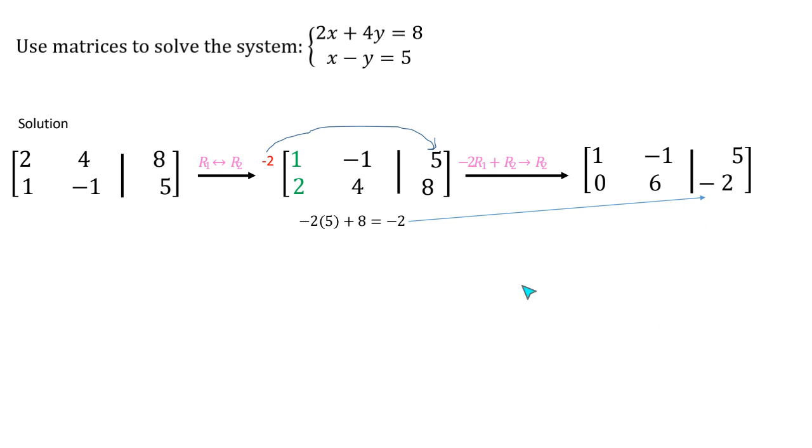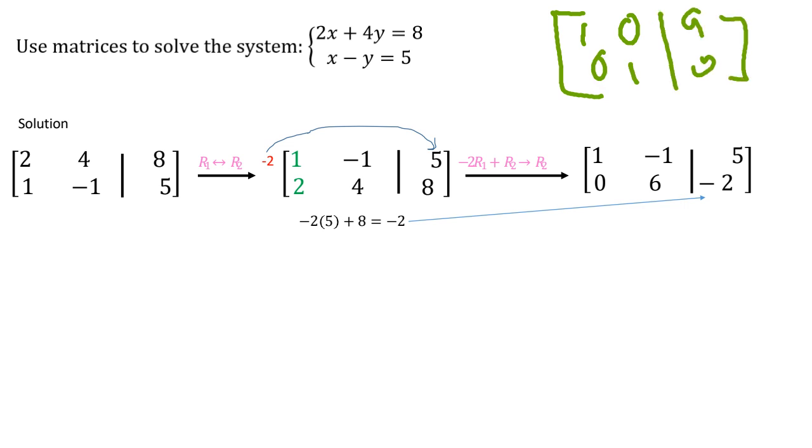One of the questions that I get asked sometimes is, can I make this a 1 first and then make this a 0? And then make this a 1 and then this a 0? The answer is you could, but the problem there is that you might be going around in circles because you will undo what you have already done.